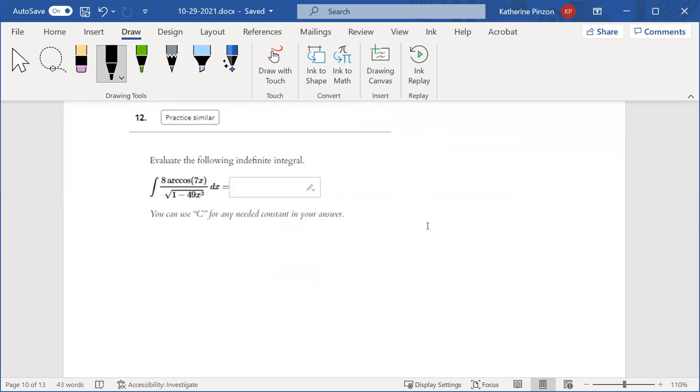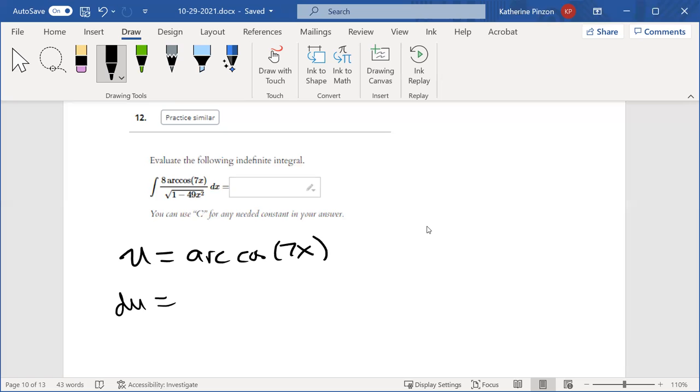So in this case, we're going to pick u to be arc cosine of 7x. Now you're going to have to go back and remember what the derivative is. It's the same as cosine to the -1, right? Absolutely, yeah. Arc cosine is the same as cosine to the -1. You can write it either way, whichever you prefer.